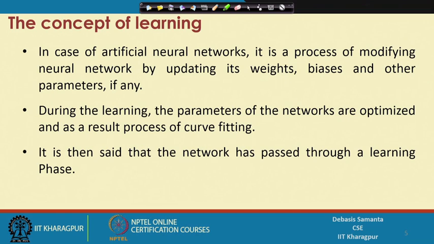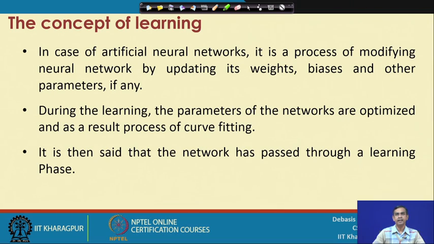In an artificial neural network, it is a process of modifying the network by means of the weights, the threshold values and other parameters, namely the number of perceptrons, the number of layers, and so many other things.